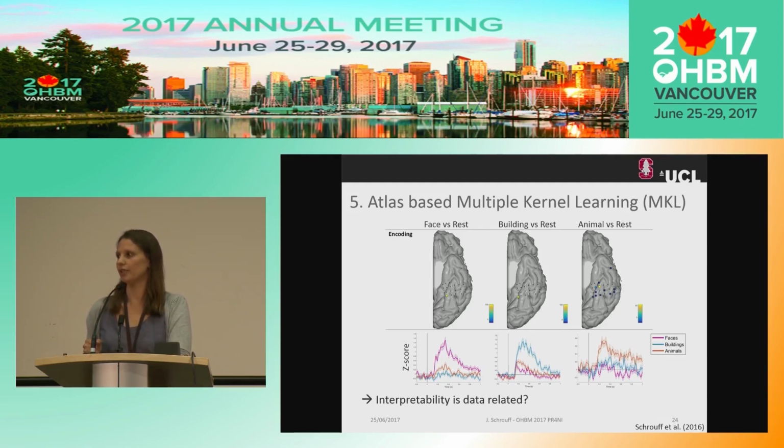We've also seen that data that is highly differentiable, like subject one of Haxby, houses versus faces, can lead to quite stable weight maps when you look at different sparse methods. So it really depends on your signal to noise and maybe also the distribution of noise, but that would need to be investigated more thoroughly and mathematically, I guess. It's just something to keep in mind that I wanted to mention.